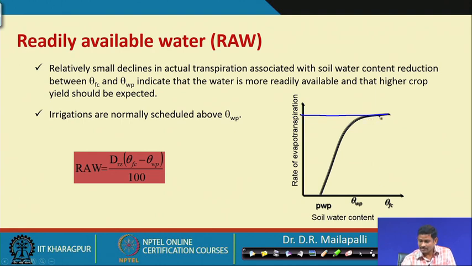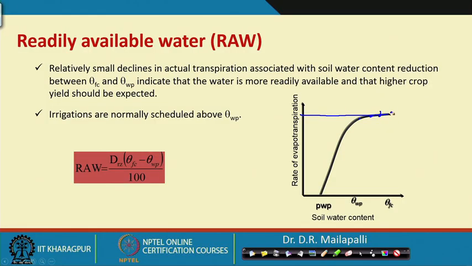At this point somewhere, even if you wait till this moisture content to give irrigation, it may not be affecting the crop yield, maybe up to here. But beyond that, if you still wait for the crops to extract water and do not give any irrigation, that definitely is going to influence your crop yield.